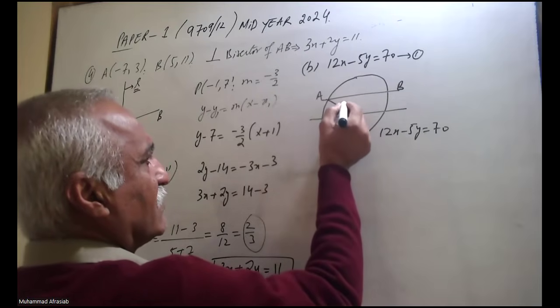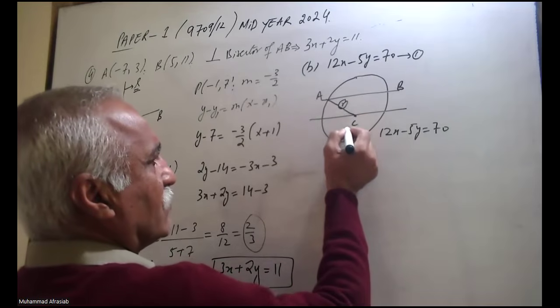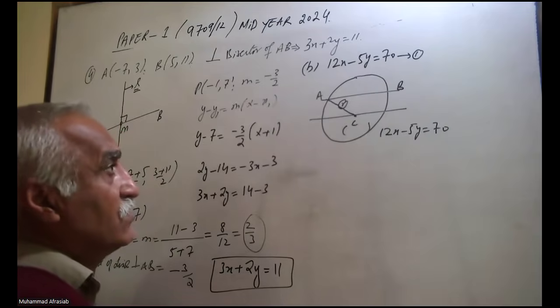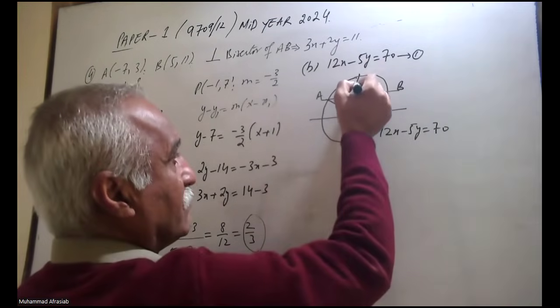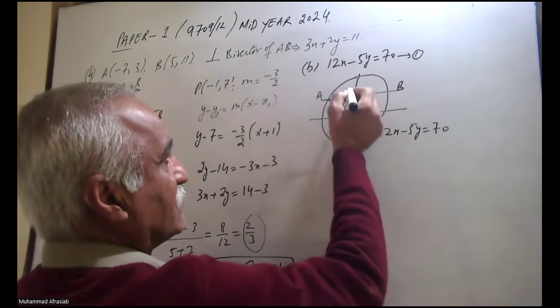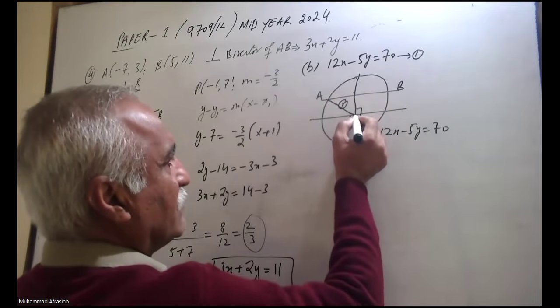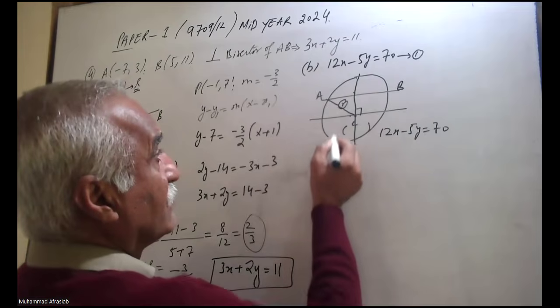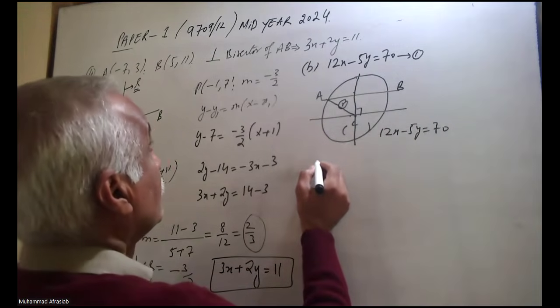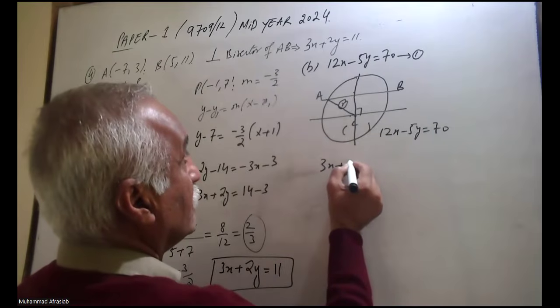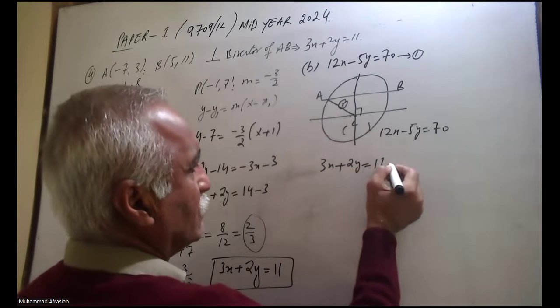First, we are going to calculate the coordinates of C and then the radius. So this is the line which is the perpendicular bisector of this portion. So this line and this line are going to meet at the point C, and the equation of this perpendicular bisector is already given to you as 3x plus 2y is equal to 11.